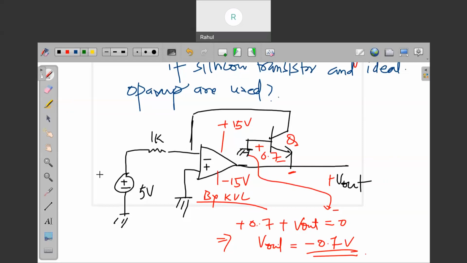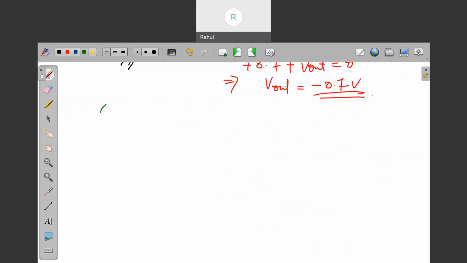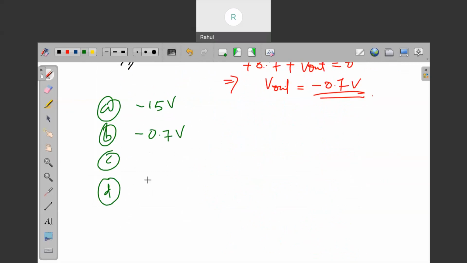They have given options here. So let me write the options for this question: option A, option B, option C, and option D. Option A was given as minus 15. See how confusing the options are. And this is 0.7 volt.